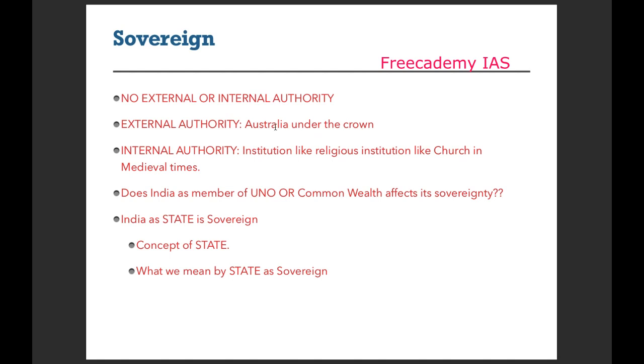The head of the state in Australia is the British Crown, even right now. So for us, there is no external authority which is controlling or influencing or has any legal authority over the Indian government or the Indian system of polity.